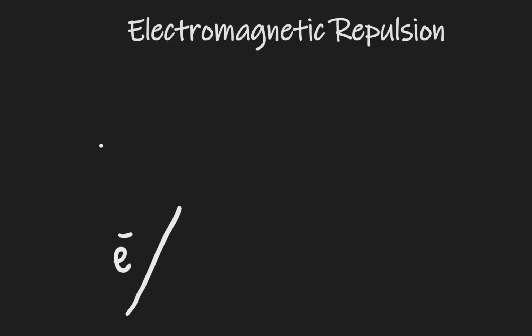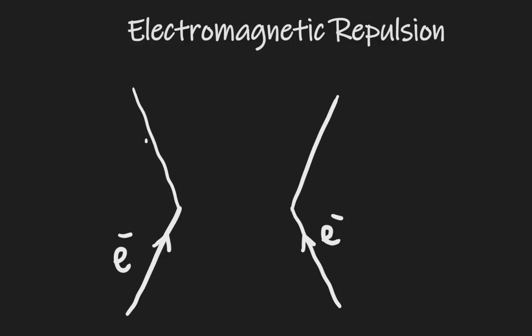Let's label this as E minus, which is going this way, and we're also going to have another electron which is just up here, which is E minus. As I said, the two particles are going to repel each other, and we can represent this like so and like so. We can add in some directions and label the particles after this interaction as well.